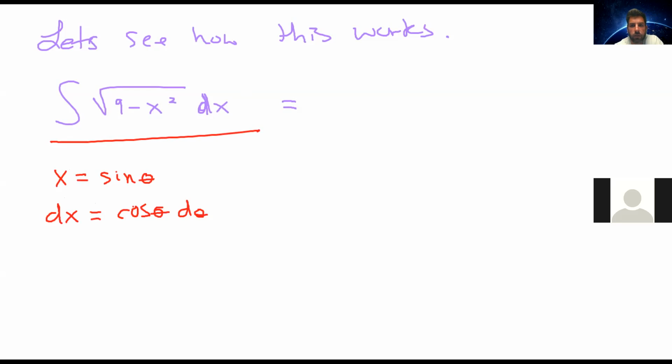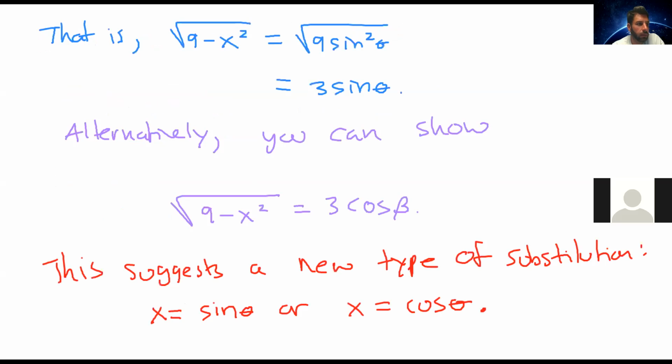So what does my integral become? Excuse me, not sine. I got to go back. This is a slight typo. I forgot the 3. This should be 3 sine or 3 cosine.